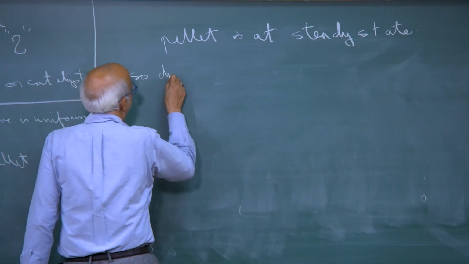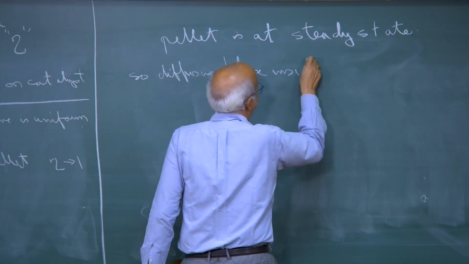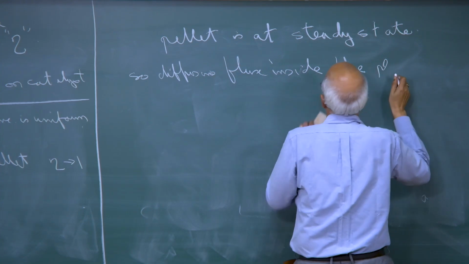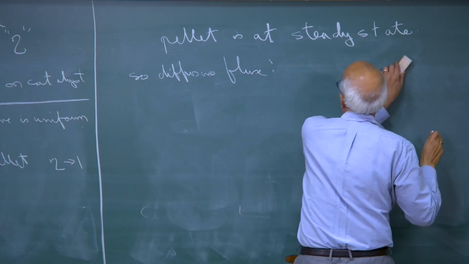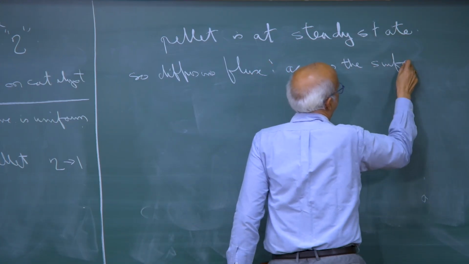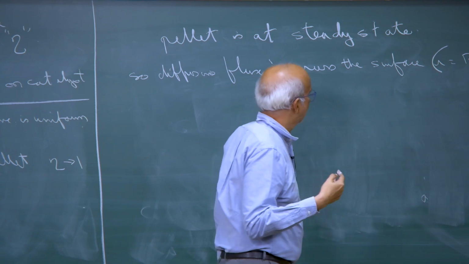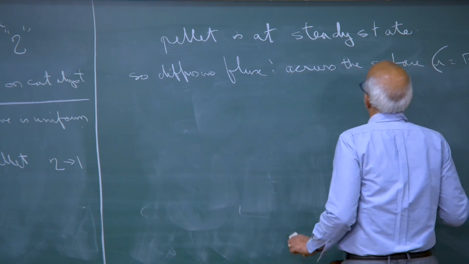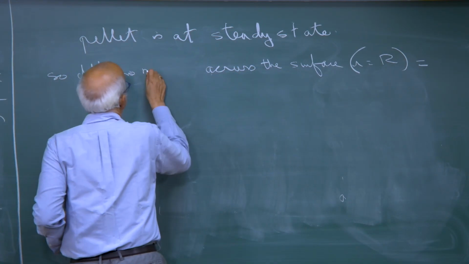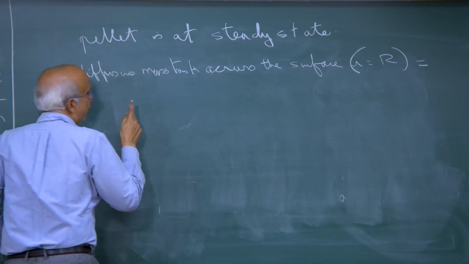So, the diffusive flux inside the pellet across the surface R equals R must be equal to, not flux, I should say diffusive mass transfer, because flux means per unit area.